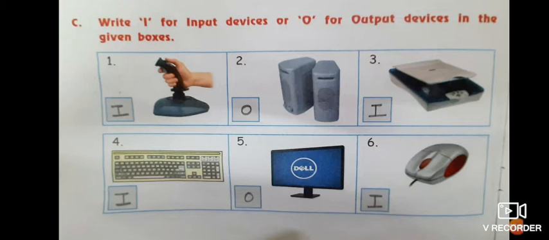So output device O. Then scanner I. Fourth one is keyboard, input device I. Fifth one is monitor, output device O. Sixth one is mouse, again input device I.